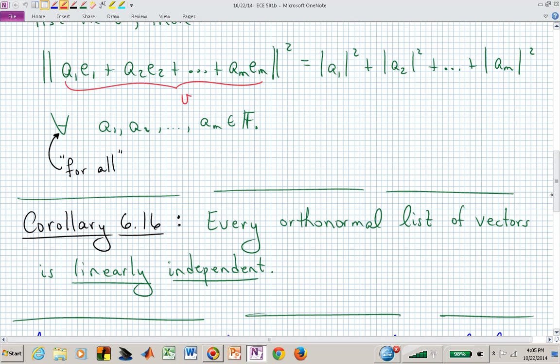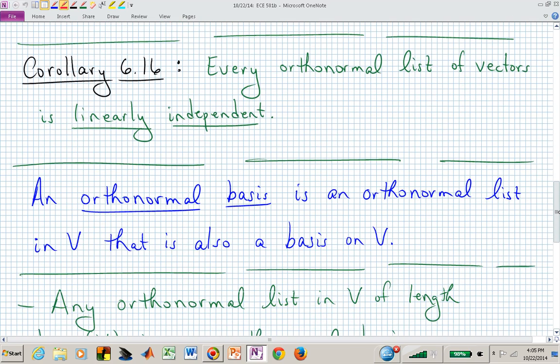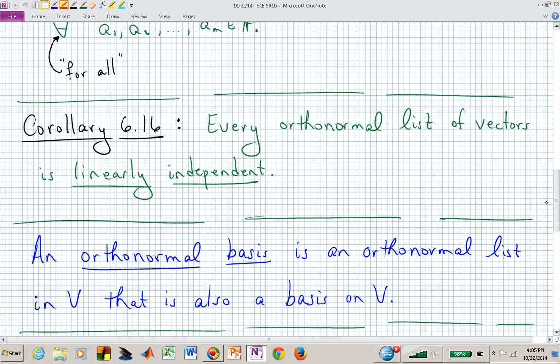Corollary 616 says that every orthonormal list is linearly independent. And that just means that we're basically adding new information each time we have an addition to our list. An orthonormal basis. What do we mean by something being a basis?